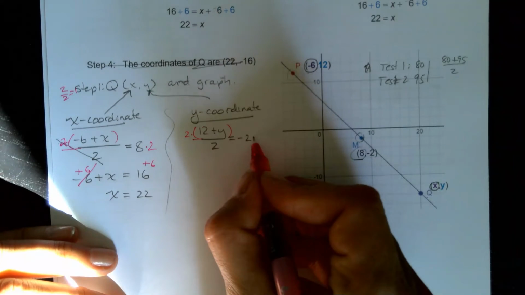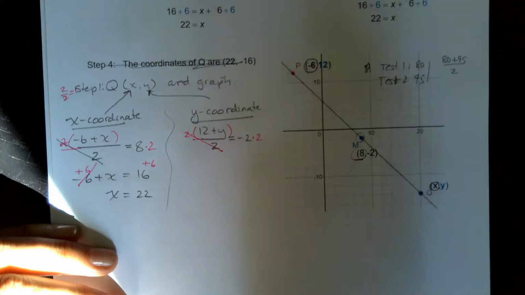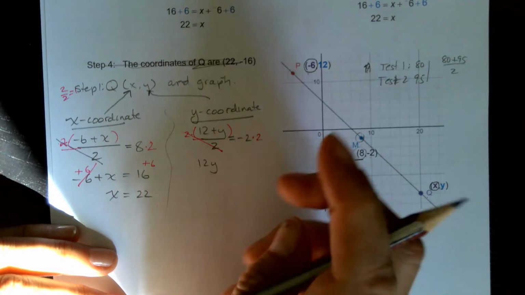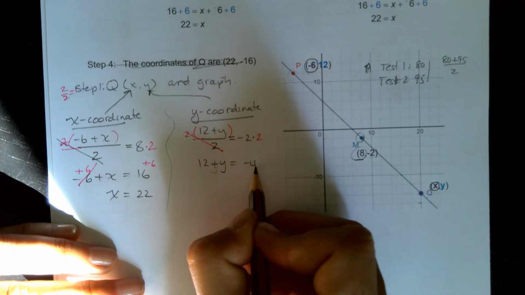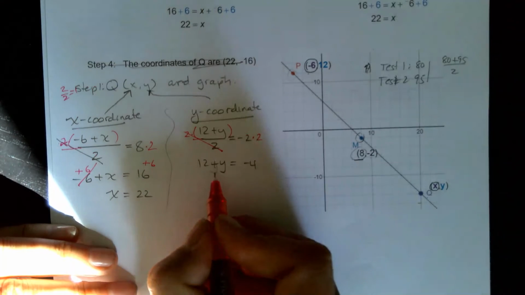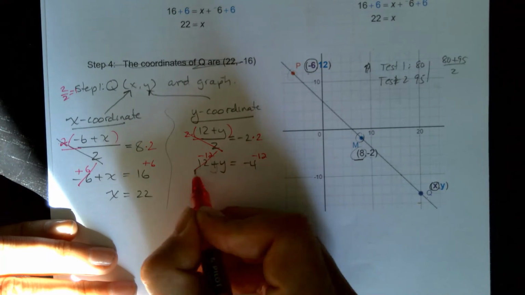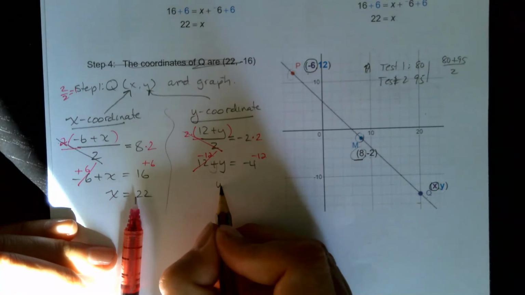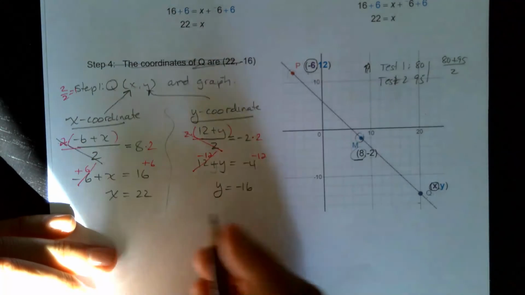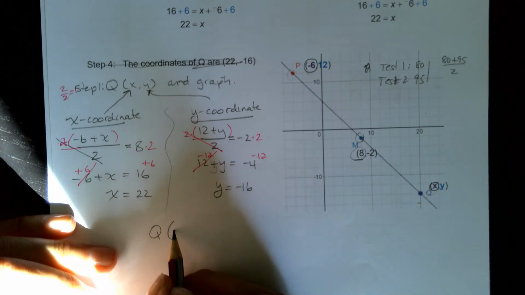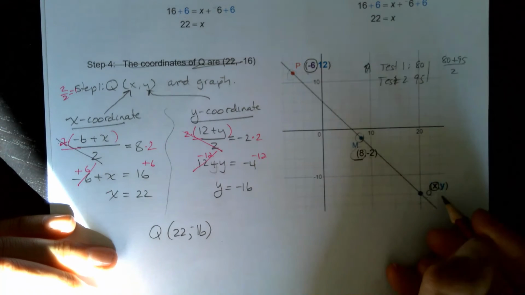But I have to multiply that side by 2 as well. So now I have 12 plus y equals -4. Now I want y by itself, so I have to get rid of the 12. So now y equals -16. So now my point Q has the x value of 22 and the y value of -16.